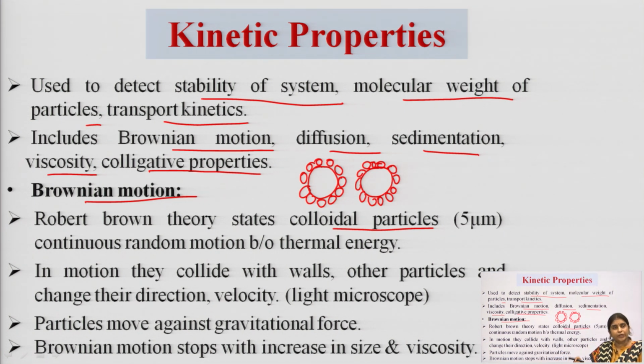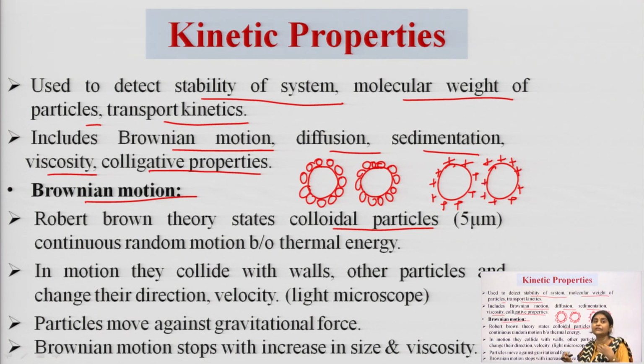Similarly, this Brownian motion is also responsible for the stability of lyophobic colloids, but the difference is that in lyophobic colloids, charges are present on the surface of the particles. Due to the presence of the same charge on the surface of the particles, like charges repel each other.